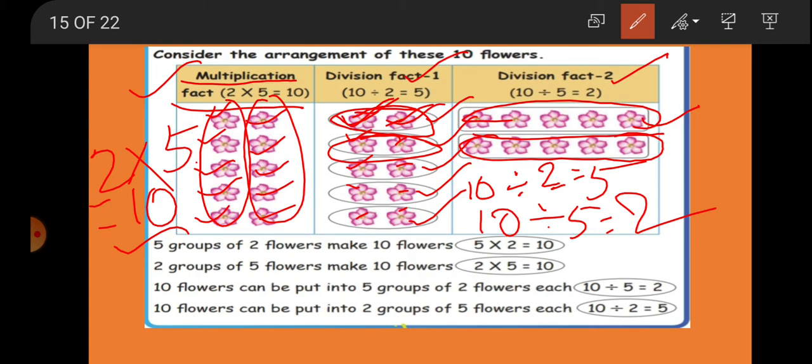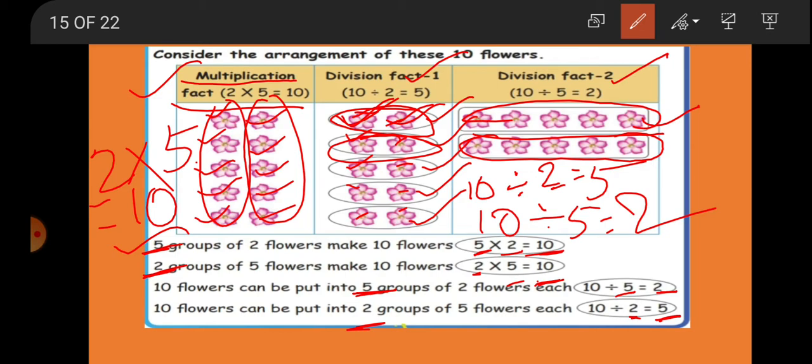The same way, 10 divided by 5: 10 flowers can be put into 2 groups. So here the numbers will exchange, but the answers will be the same. So this is interlinked.